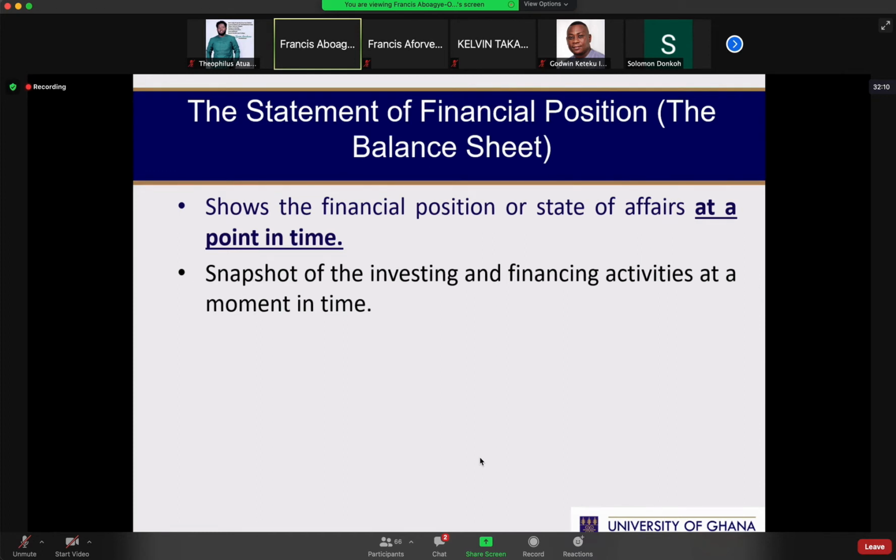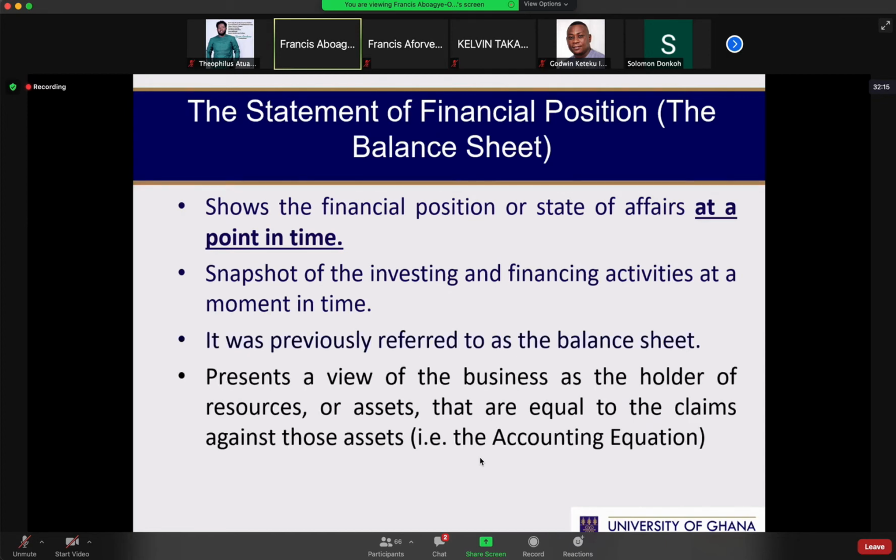And as I keep on mentioning to you, previously it was referred to as the balance sheet, but it's the same, whether the balance sheet or statement of financial position. But the statement of financial position presents the business as a holder of resources, which we refer to as assets. But the resources or assets are equivalent to the claims against those resources or assets, which we refer to as equity and liability.